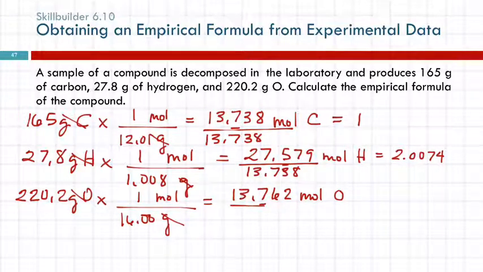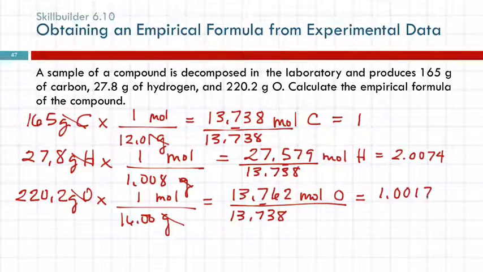And then taking this one, you can kind of predict that's going to be close to 1. But you really need to do the math. Don't just guess. So divide by 13.738. And that comes out to be 1.0017.